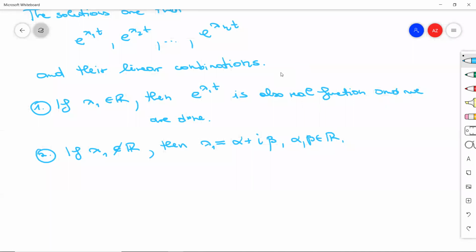But we don't want complex solutions, because e to lambda 1 t is then e to alpha plus I beta t, and we are not satisfied with complex solutions because we will be solving real problems in which we need real functions. So we write this as e to alpha t, which is okay because alpha is real, times e to I beta t. And we would like to somehow get rid of this I in the exponent.